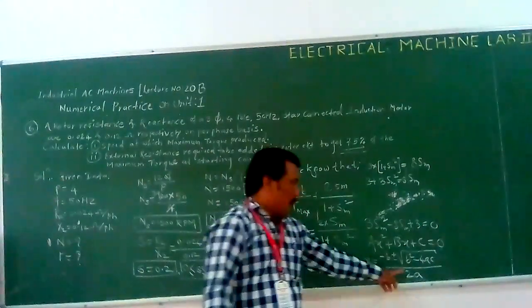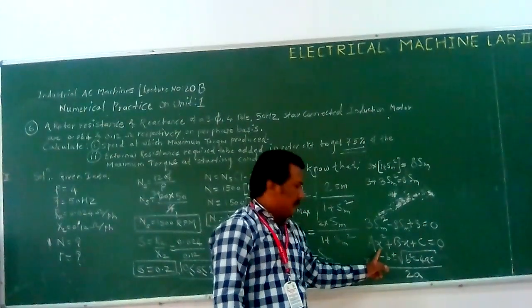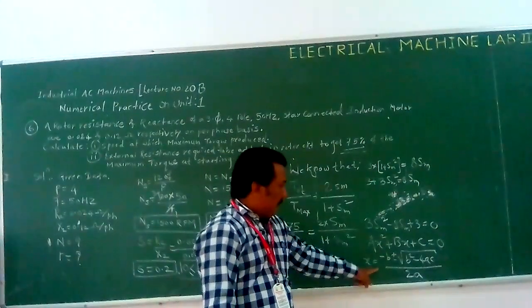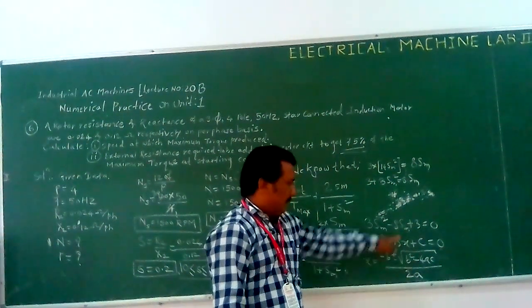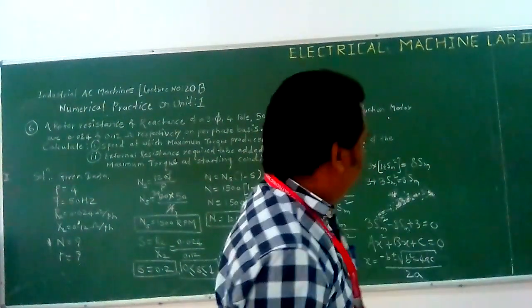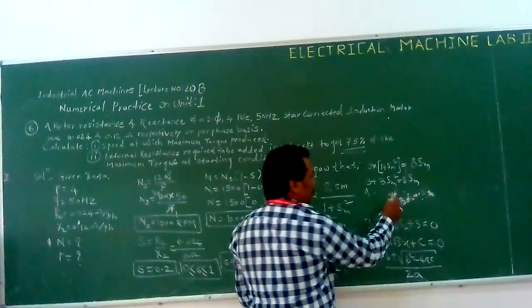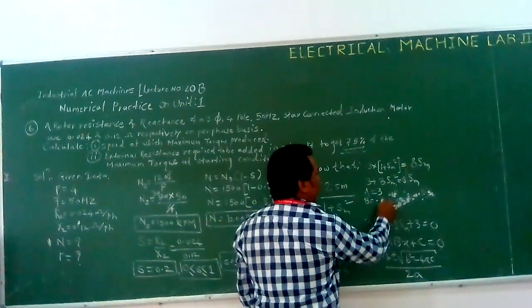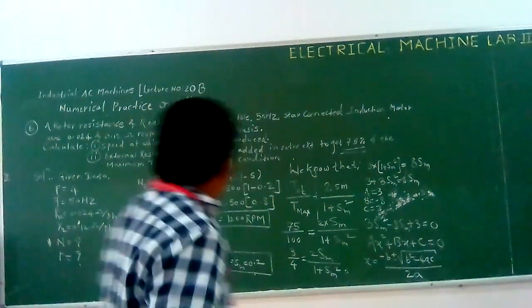This is the formula for finding the roots of a quadratic equation having arbitrary constants like a, b, c. Now in this case x is Sm, the unknown quantity, and by comparing we get a is equal to 3, b is equal to minus 8, and c is equal to 3.